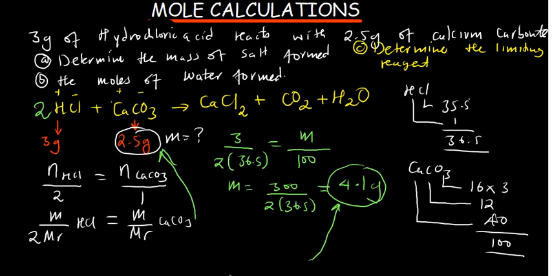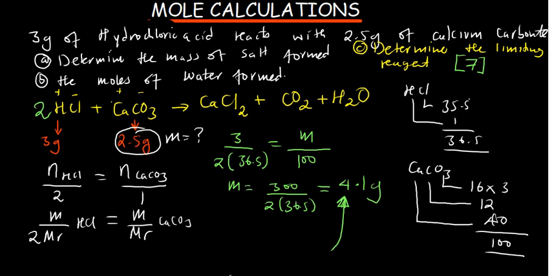So if a question came and it even reads 7 marks or 5 marks, determine the limiting reagent, show your working. After you've done the calculation, you need now to conclude. Since the mass of calcium carbonate that is available is less than the mass of calcium carbonate that is expected to be used, then calcium carbonate is the limiting reagent.